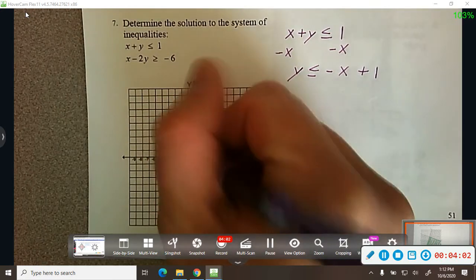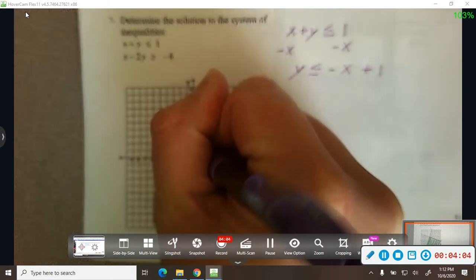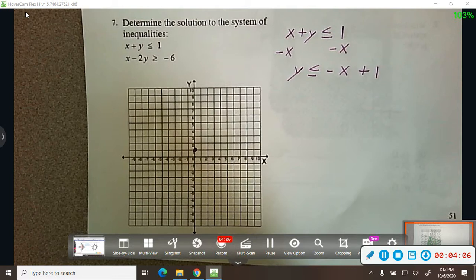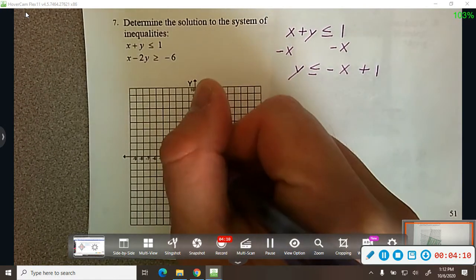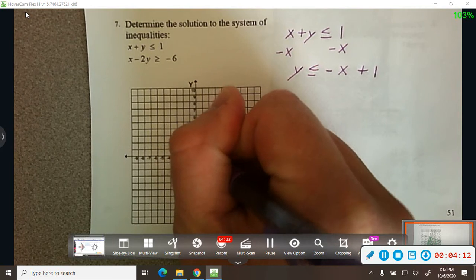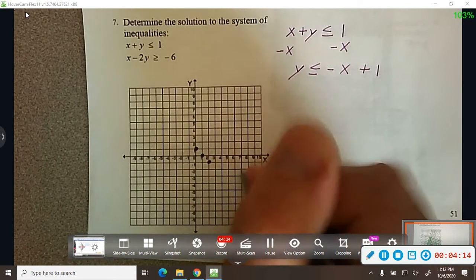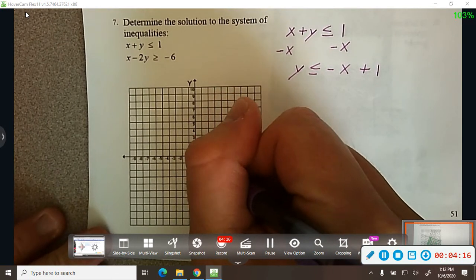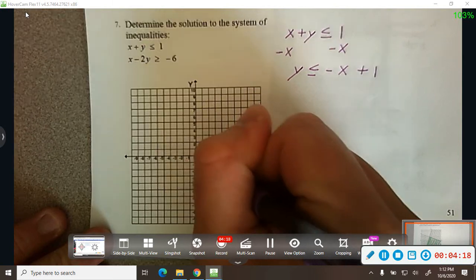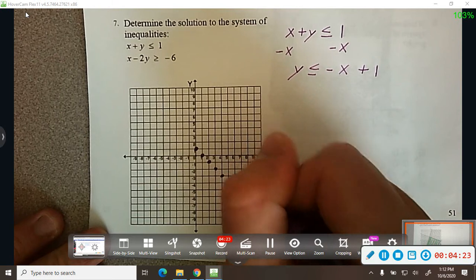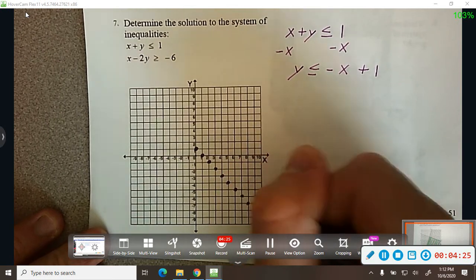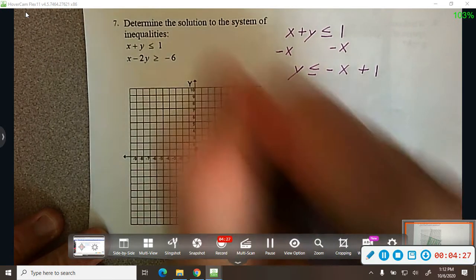I start at 1. And then this says to go down 1, right 1. And I continue to follow that pattern on both sides.